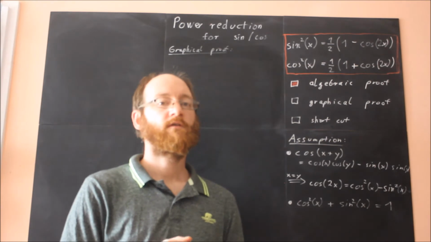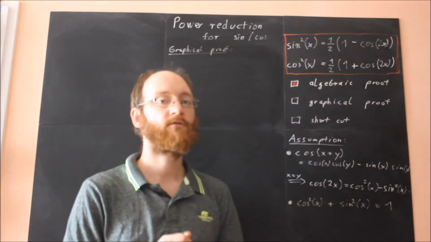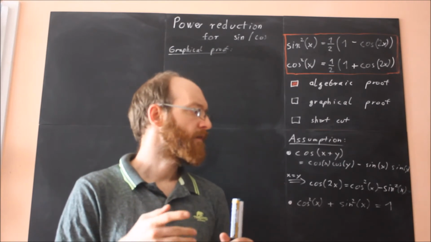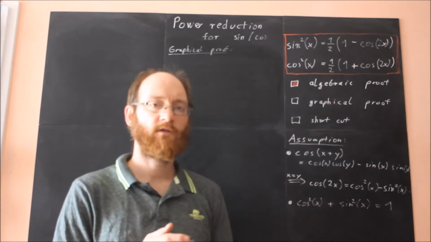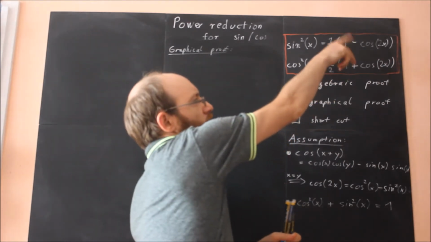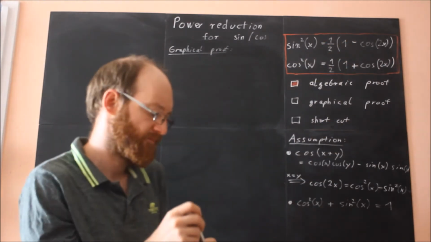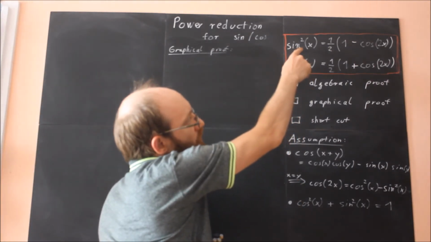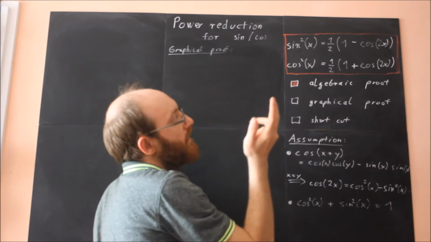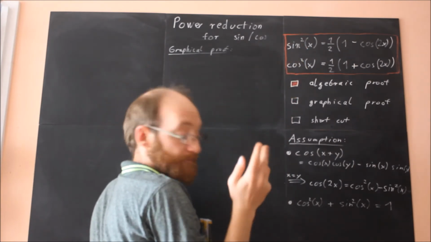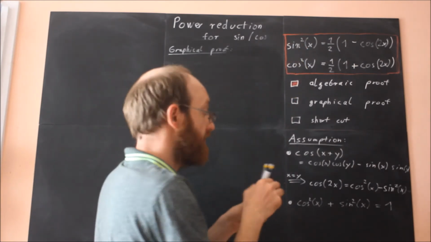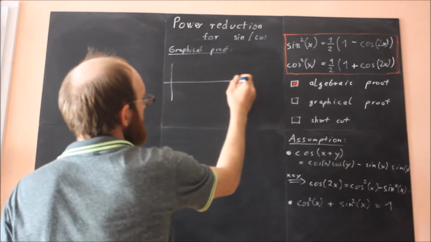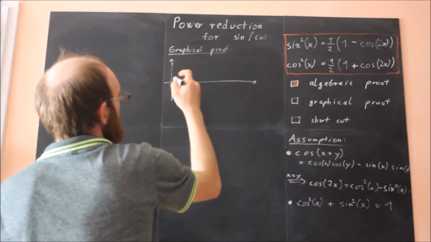So now we want to discuss a graphical proof for these two power reduction formulas. This is a nice method if you need these formulas and you can't remember which one is minus, which one is plus. I will show the sine squared, and you can try the cosine squared by yourself. It's quite similar. So we start with a coordinate system, and we put a sine.